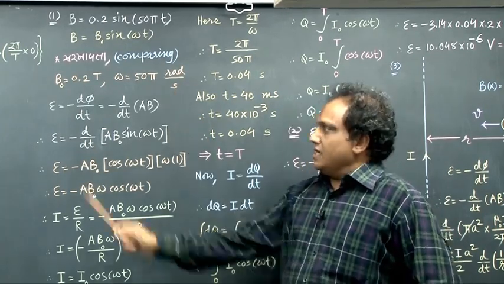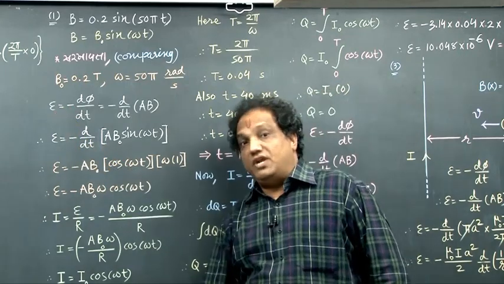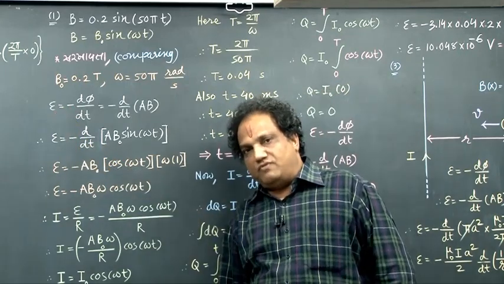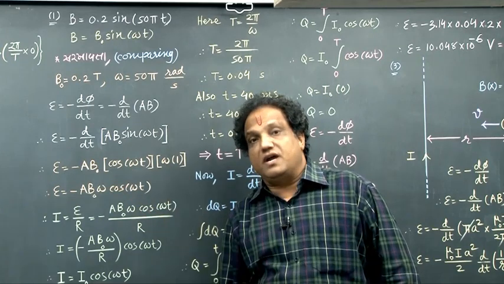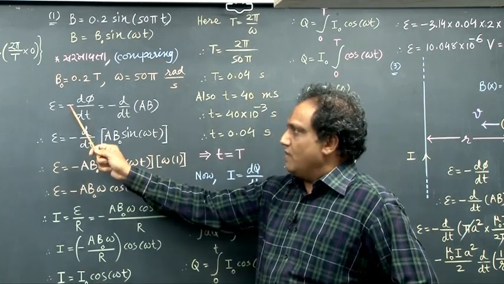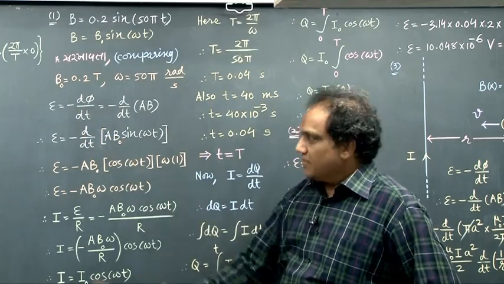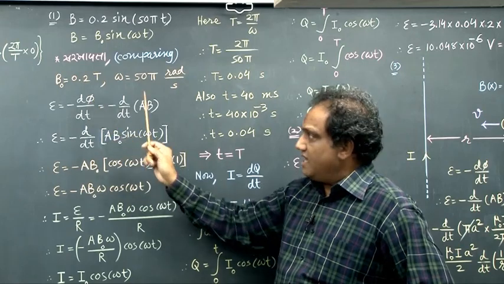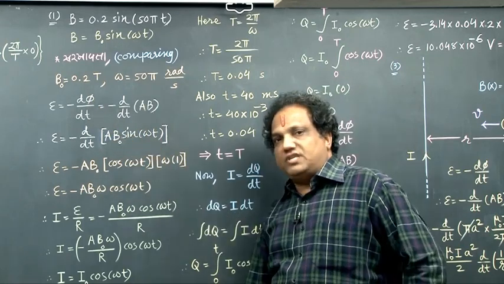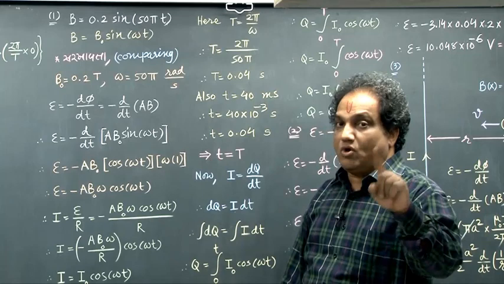Fine. Now tell me, what is the formula for induced EMF? For induced EMF, you know Faraday's law: E equals minus d phi by dt. Minus d by dt as it is. Instead of phi, what will you write? A into B. As such, we are supposed to write phi equals AB cos theta.